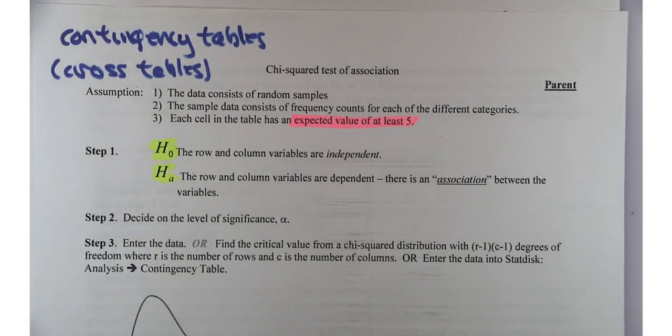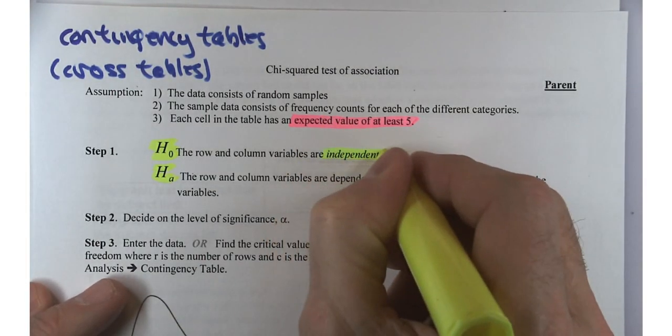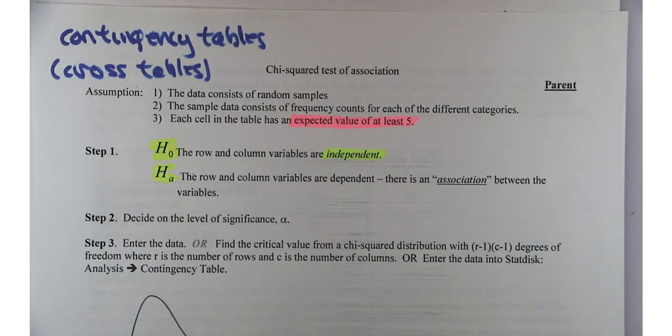What you're doing is trying to decide whether your column variables and your row variables are independent, so it's a test of independence. It's not the same rigid independence you would expect from a probability course. This is statistical independence, so we have to prove pretty much that one row is dependent on the other, or that there's an association.